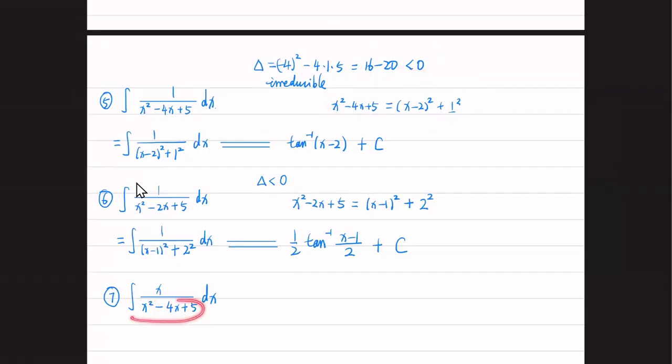Substitution or complete square? Completing the square is a good try, but after you try, eventually you will go back to substitution. That's because we have a difference: this is the x squared, and we have x over there. Let's try.